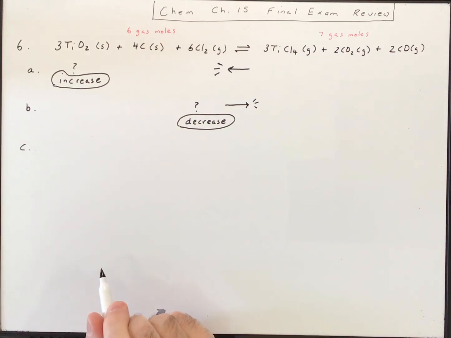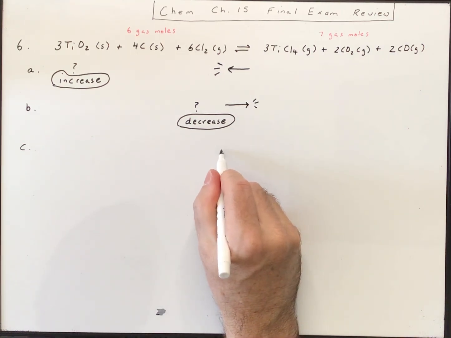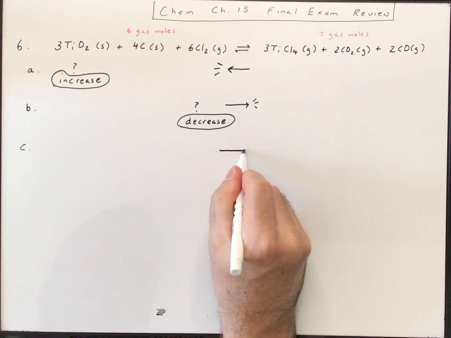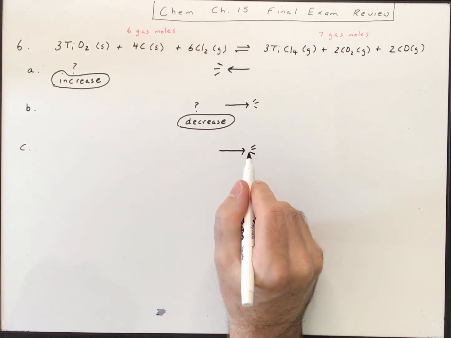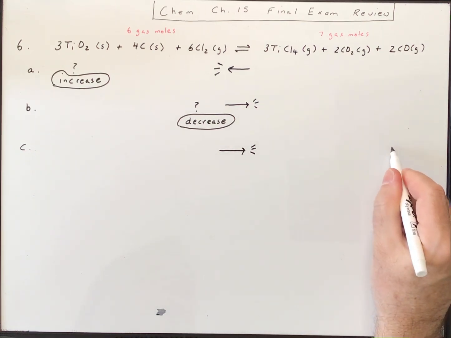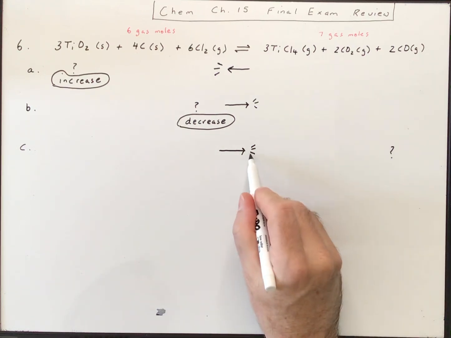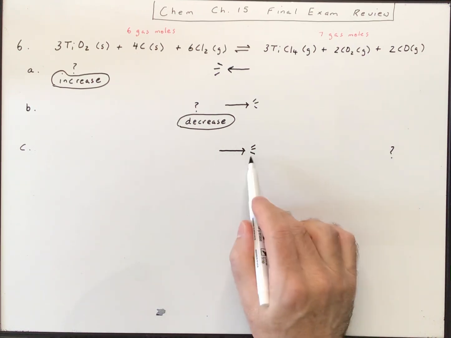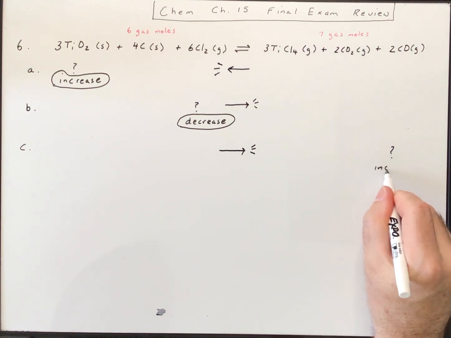All right, part C. Pressure is decreased in part C, so the arrow, just like in part B, will be going to the right, towards the side with the most gas moles. We want to know what will happen to the concentration of CO. It's way over here to the right. CO is a product. The products are being filled because the reaction is shifting towards the products, so it will increase.